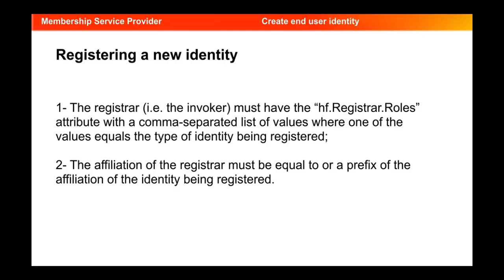That process involves: first, the registrar or the invoker must have the property hf.Registrar.Roles attribute with a comma separated list of values, where one of the values is equal to the type of identity that is being registered. Next check is that the affiliation of the registrar must be equal to or a prefix of the affiliation of the identity that is being registered.